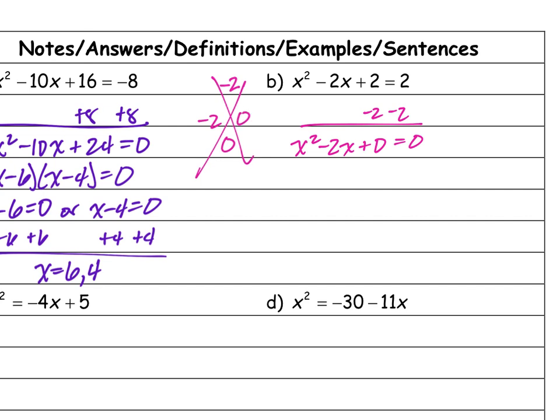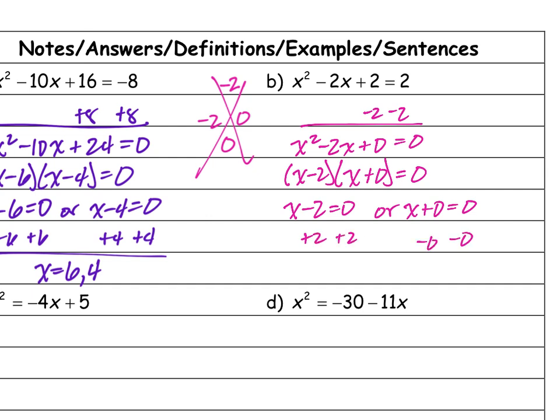So that factors to x minus 2 times x plus 0 equals 0. So I get either x minus 2 equals 0 or x plus 0 equals 0. So add 2. And then this, subtract 0? Sure, why not? So x equals 2 or 0.